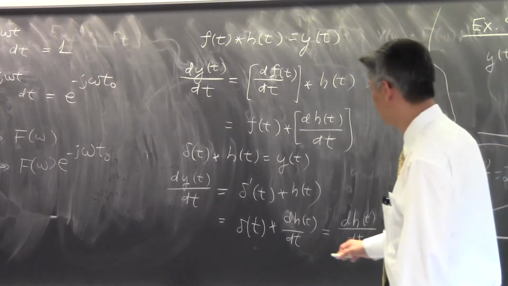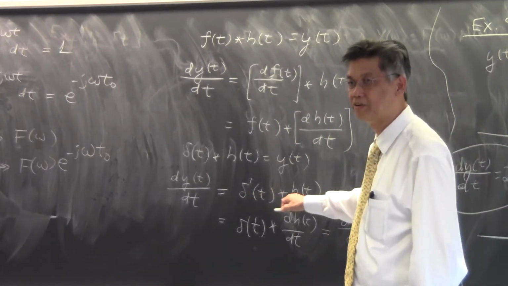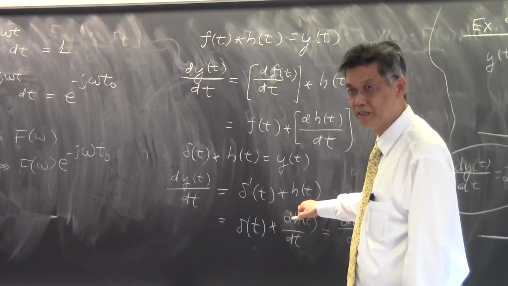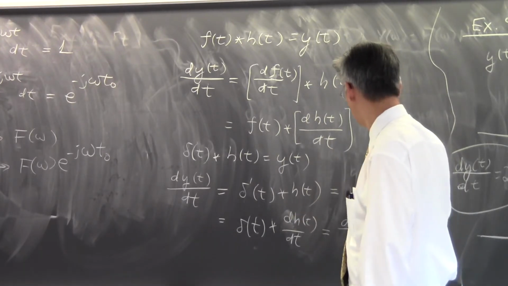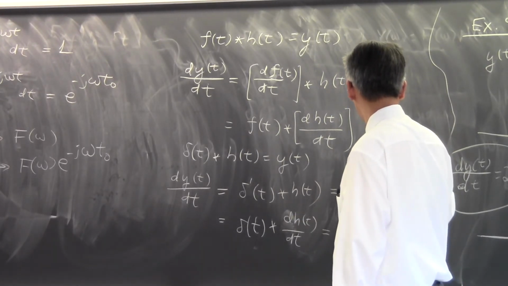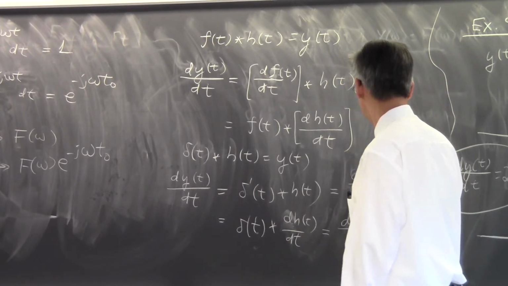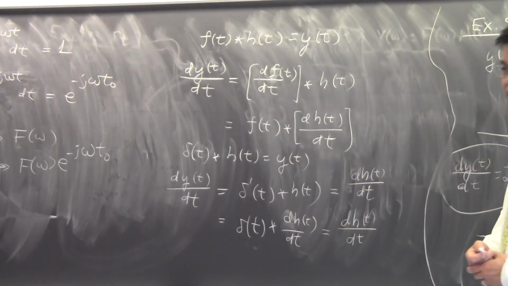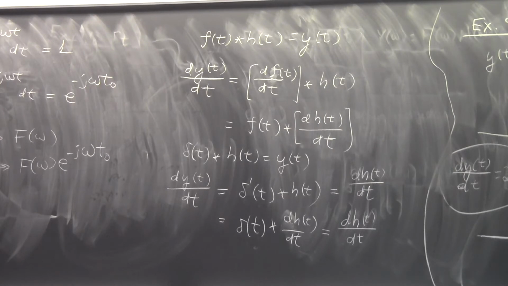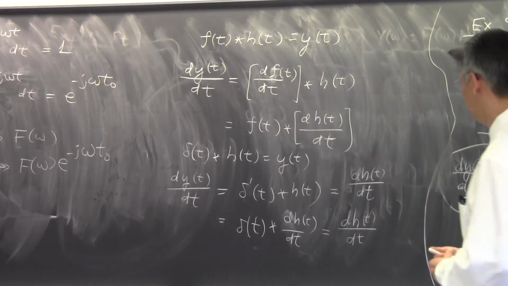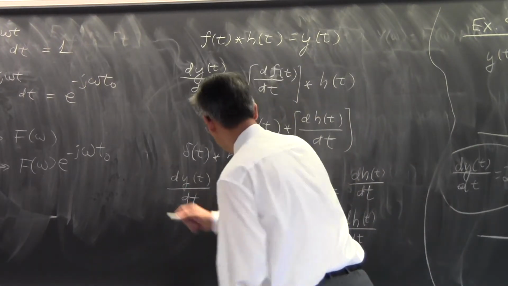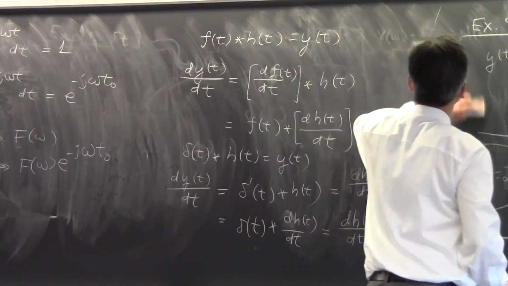So we have this interesting property that when a doublet convolves with the function, it always gives the derivative of the function. That is a special case about a doublet. So this is something that you might like to know.